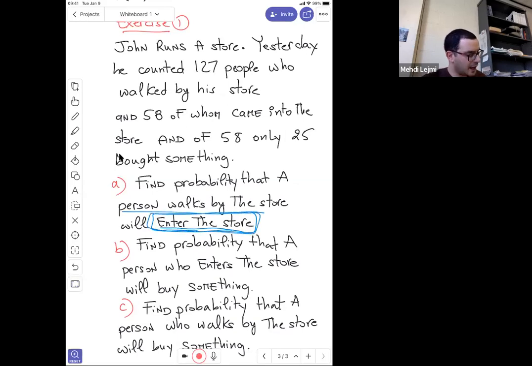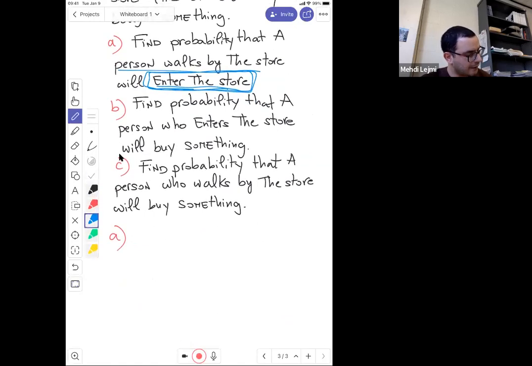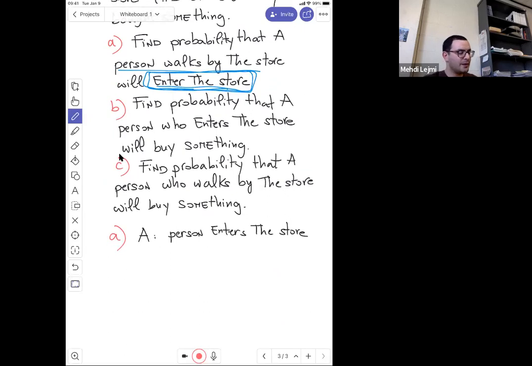So in A, the event A is that the person enters the store. So we are looking for the probability that a person enters the store. What's the probability that a person who walks by the store will enter the store?